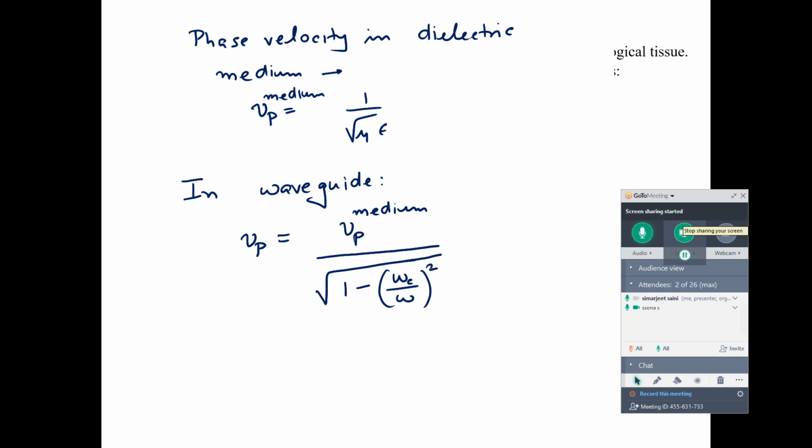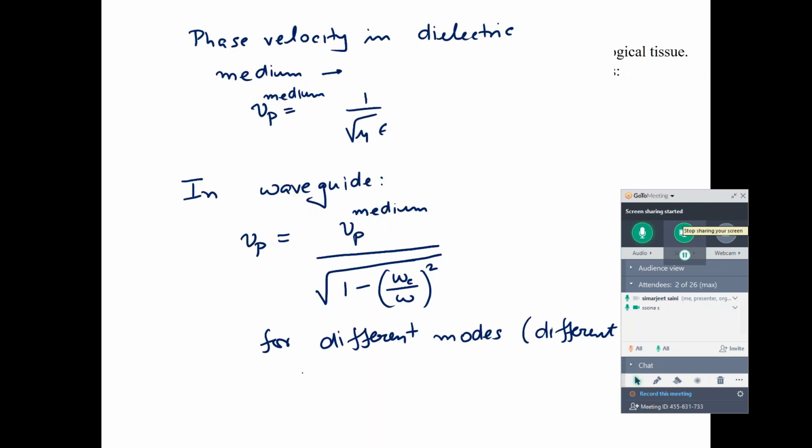And you can convince yourselves for different modes, which means different values of m, Vp is going to be different.